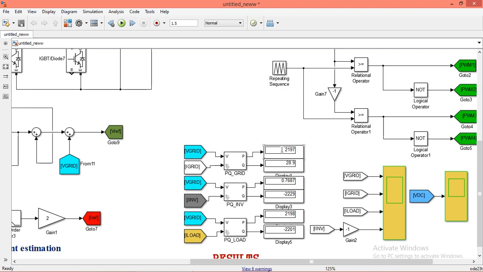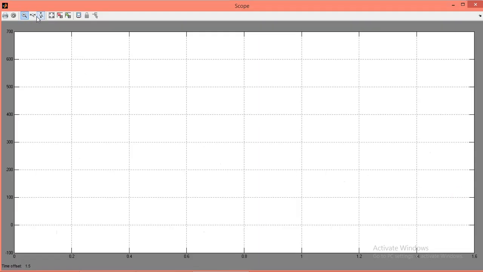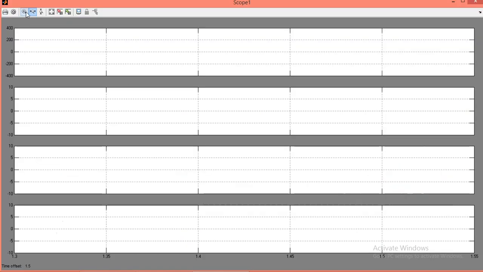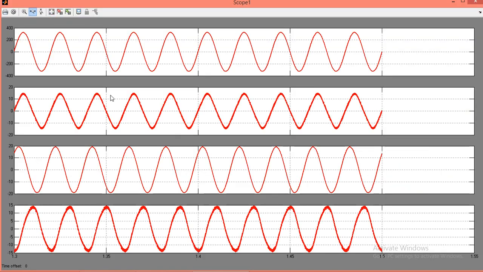So here we have now completed the simulation. The reactive power taken from the grid is nearly zero. And the reactive power of the load, that is 2200, is nearly supplied by the inverter, not by the grid. So the VDC again has to be at 400. Yes. Again you can see that grid voltage and grid current are in phase. So only active current is taken from the grid. This is the load current and this is the inverter current.